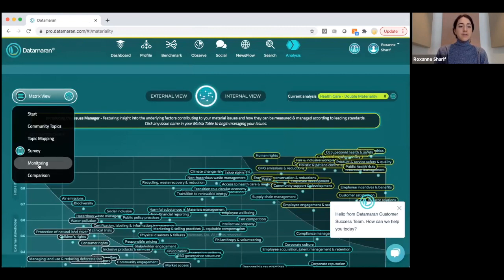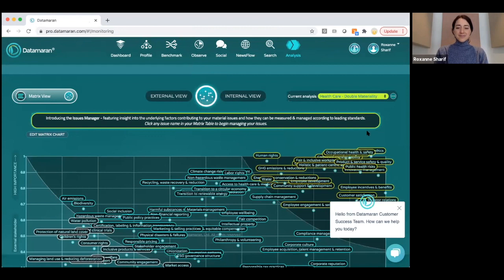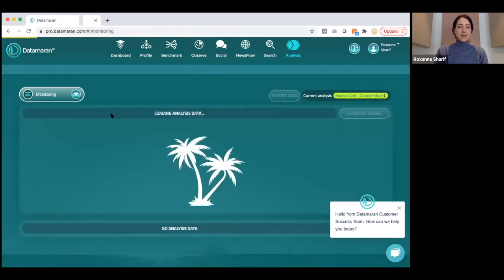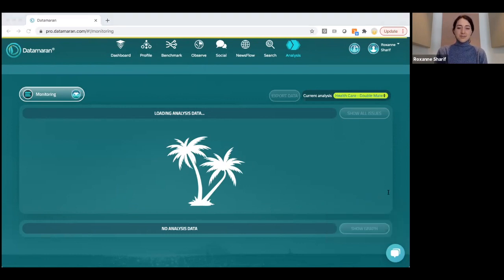If I just come here to monitoring, what you'll see is the issues displayed from your assessment, where they currently sit in your matrix, how many ranks they have gone through in the past 6 months, and, perhaps more importantly, who is driving that change.